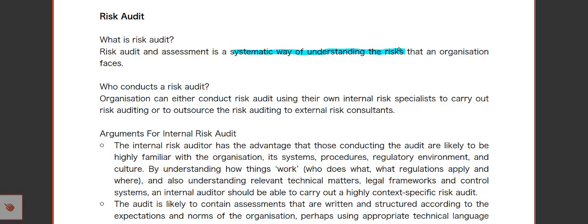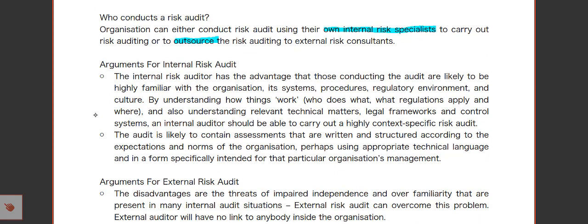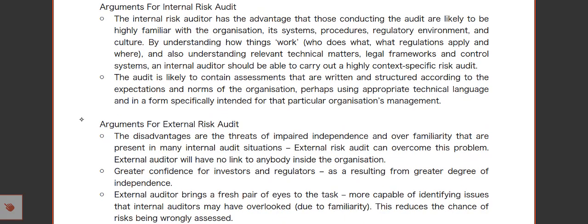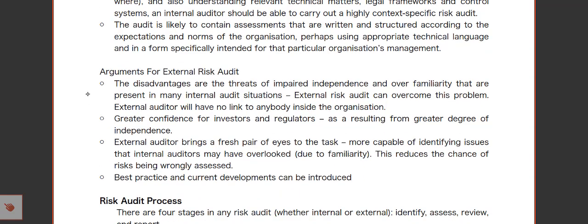Who can do a risk audit? Well, it's really up to you. You can have your own people to do it. You can outsource it to a consultant, a risk auditor. It doesn't matter whether it's done by your own people or by people outside. So I have some notes about why it is better to get people inside or people outside to do it.